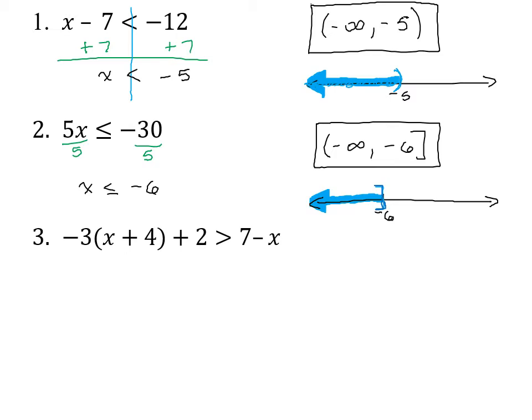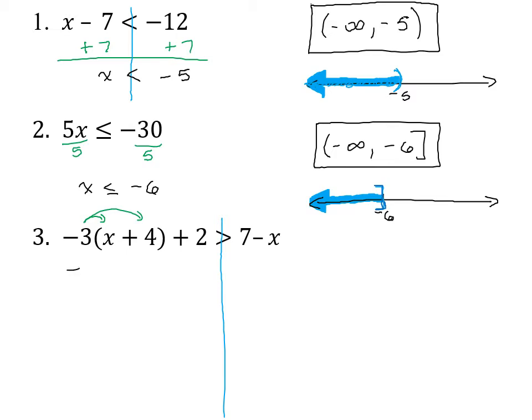Now on number 3, you have a little bit of work to do. If I was to divide this one down the middle, you would notice that on the left-hand side, you got a lot of simplifying to do. We have a -3 that needs to be multiplied across, and then we'll also have to combine it with a 2. But the 7 minus x on the right-hand side is perfectly fine the way it is.